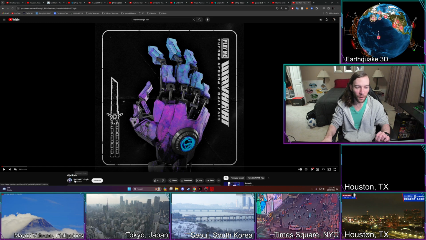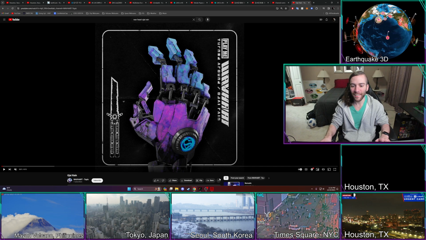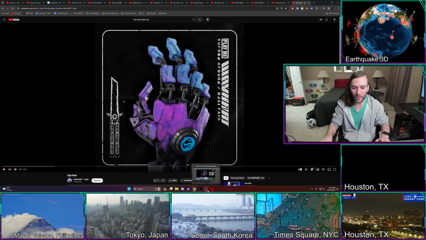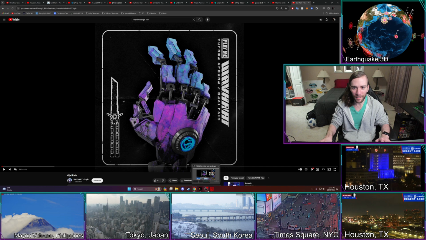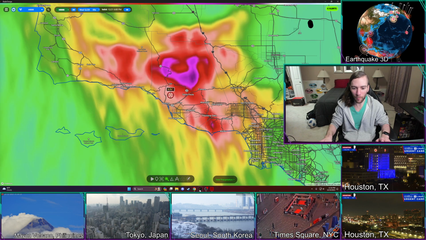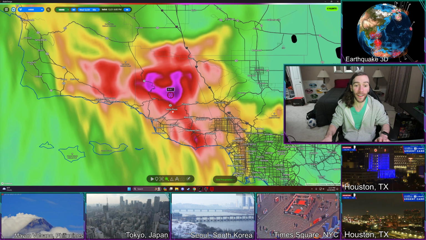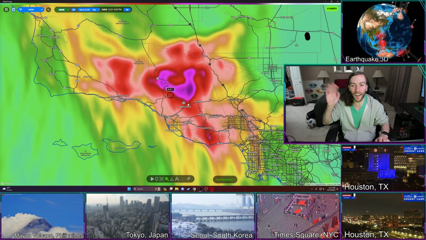It's by Waveheart, and it's called Ojai Rain. I thought it was very applicable for this because this is some Ojai rain. You get it?